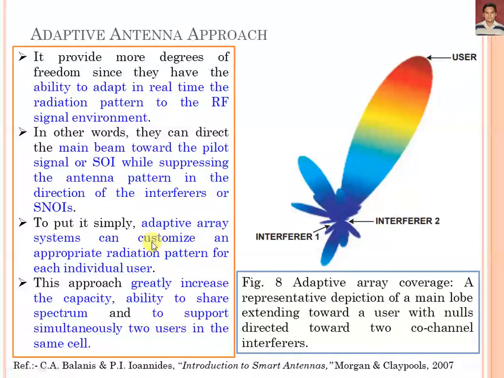So the adaptive array system can customize an appropriate radiation pattern for each individual user. When the mobile user moves from one location to another, the pattern is shifted, or moves according to the user location in the same cell, as we have discussed in this lecture.